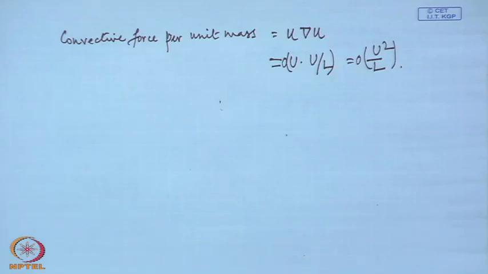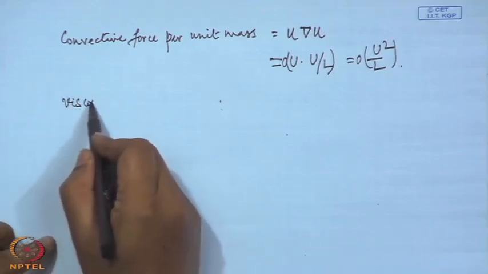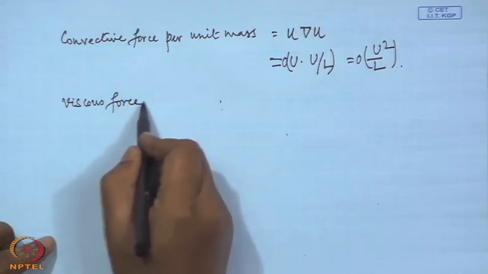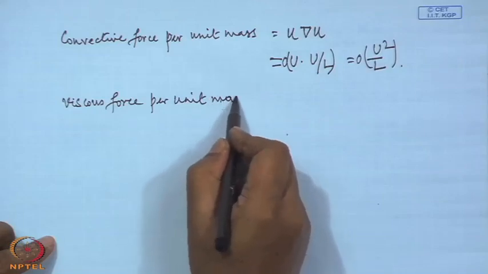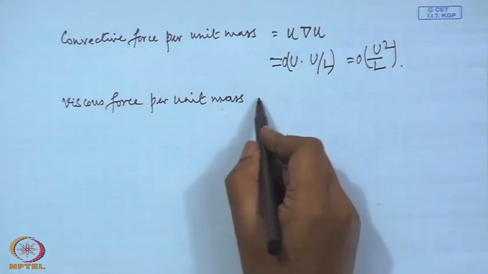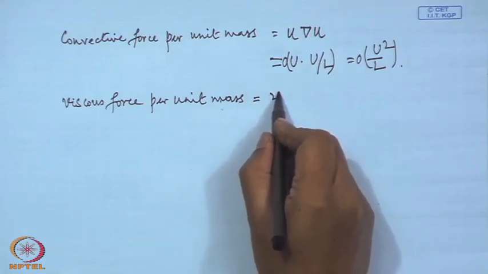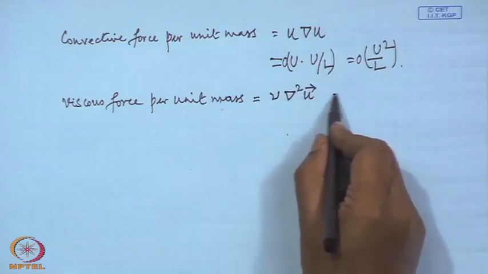What is the viscous force per unit mass? What is the viscous term in the Navier-Stokes equation? Nu Laplacian U, when you divide by rho per unit mass. And its order?